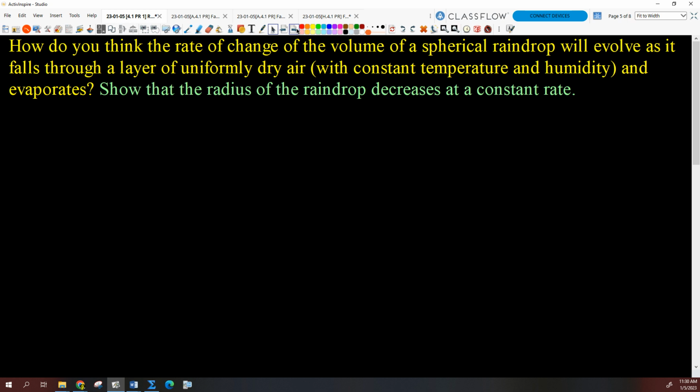As the surface area changes, what's going to change to the rate of evaporation? It's going to change too, isn't it? As the surface area decreases, there's less of an opportunity for water to evaporate because it only evaporates through the surface. How do we say that relationship mathematically?